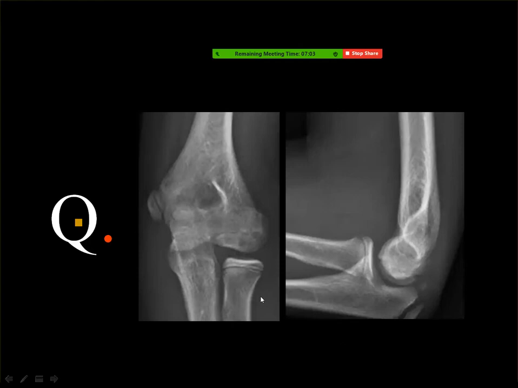Then this is an X-ray of the elbow joint of a pediatric patient. Avulsion of the posterior fat pad? Is it an avulsion fracture?